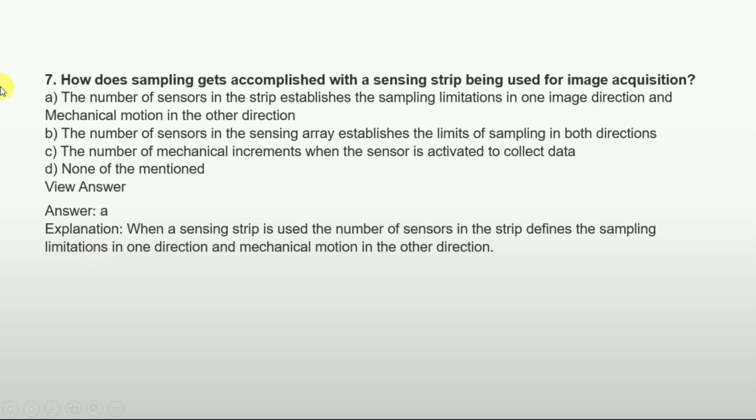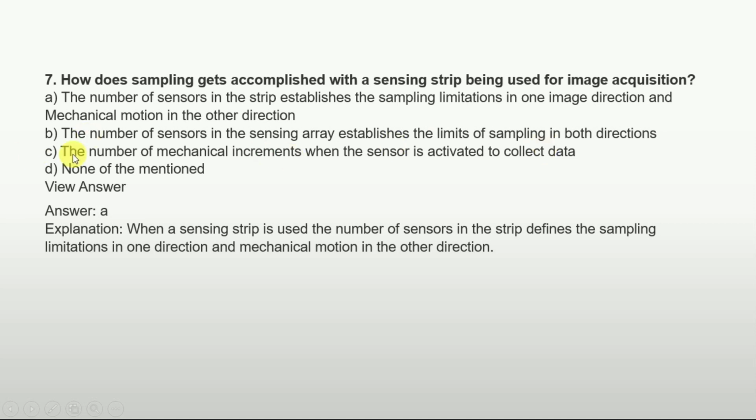Our new question is, how does sampling get accomplished when a sensing strip is being used for image acquisition? So options are: A, the number of sensors in a strip establish the sampling limitation in one image direction and mechanical motion in the other direction. Option B is: the number of sensors in the sensing array establish the limit of sampling in both directions.